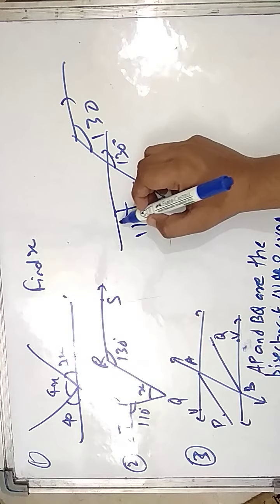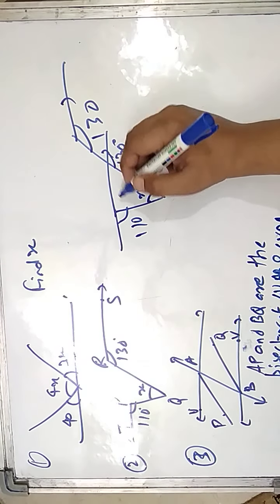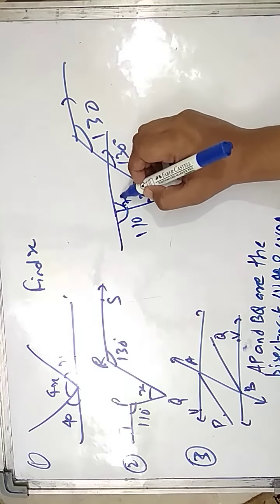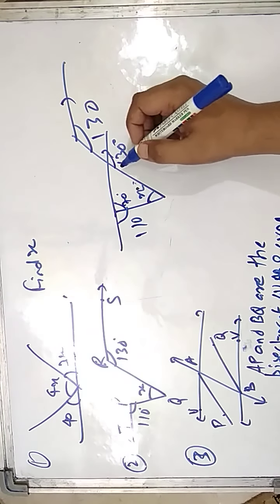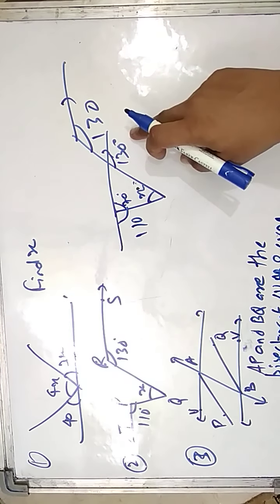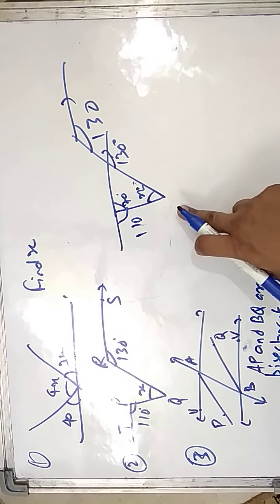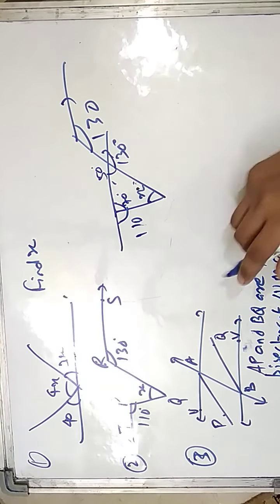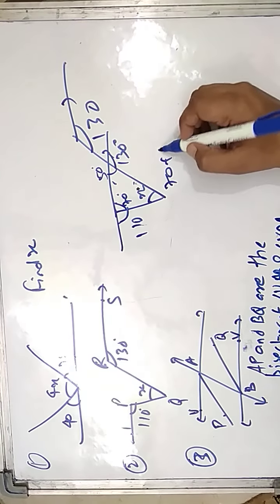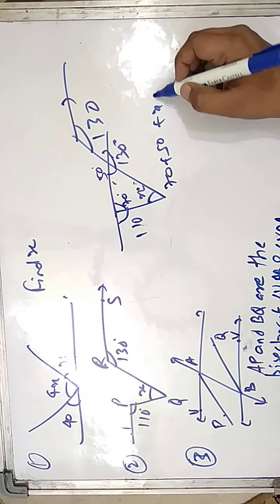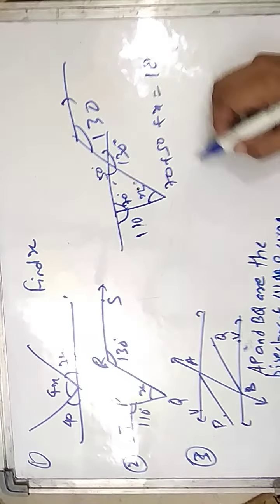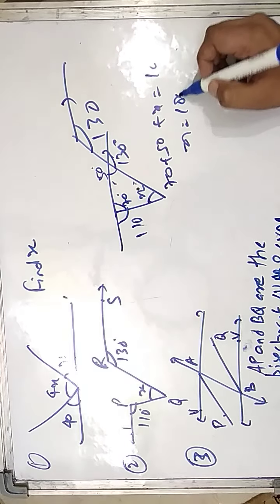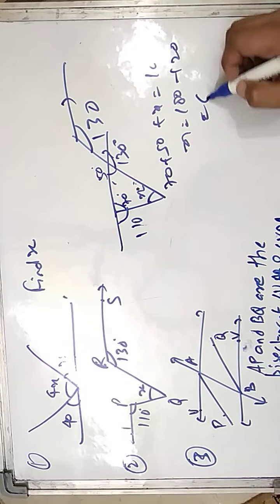All right, and it is 110 by linear pair, it is 70. So 130 is equal to 70 plus 30, or it will be 40 by linear pair. So 70 plus 50 plus x is equal to 180. The x is 180 minus 120, it is 60.